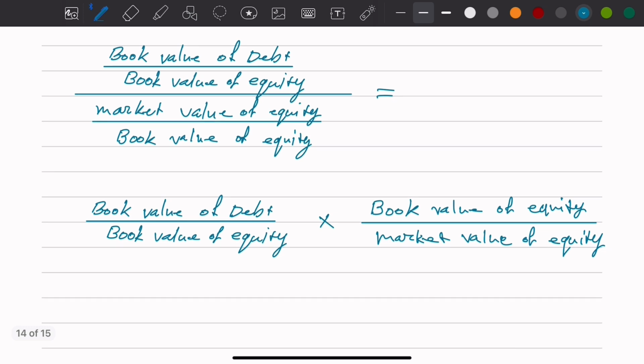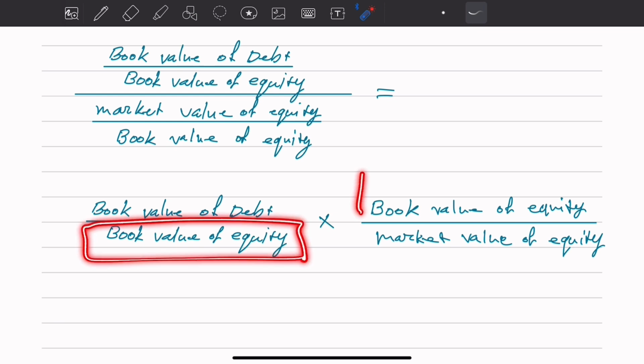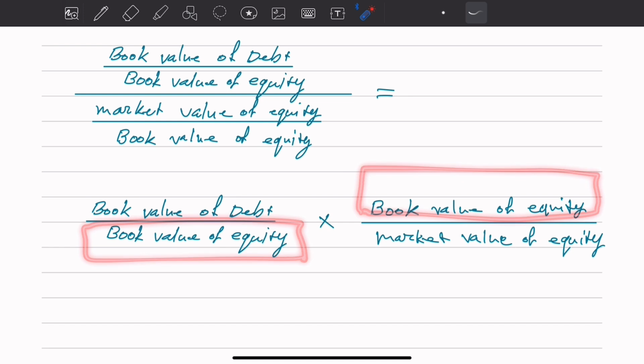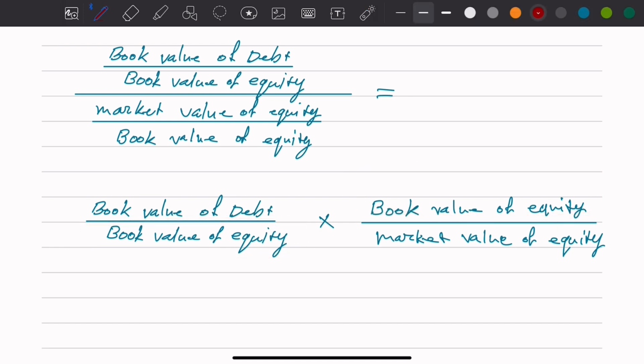Since we are multiplying two fractions and we have the same exact term in the denominator of one and in the numerator of the other, we can simply eliminate those two. It's going to be book value of debt multiplied by book value of equity at the top, and on the bottom book value of equity multiplied by market value of equity.